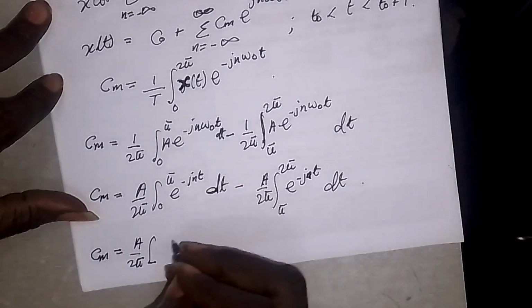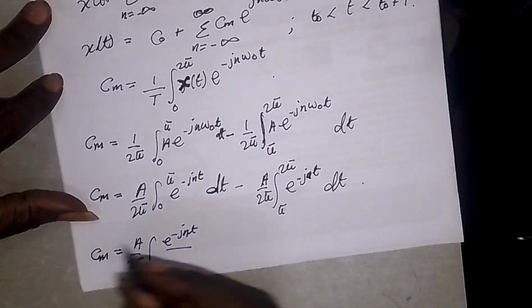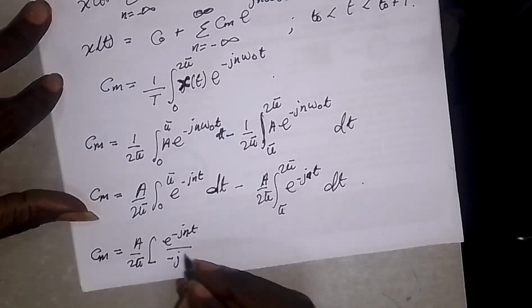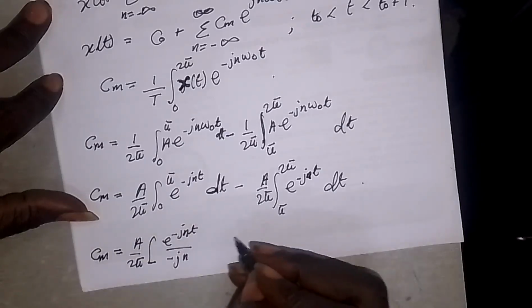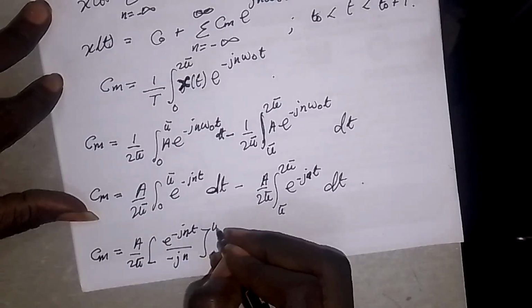If I integrate this, I'll get e to the minus jnt over minus jn, from 0 to pi.